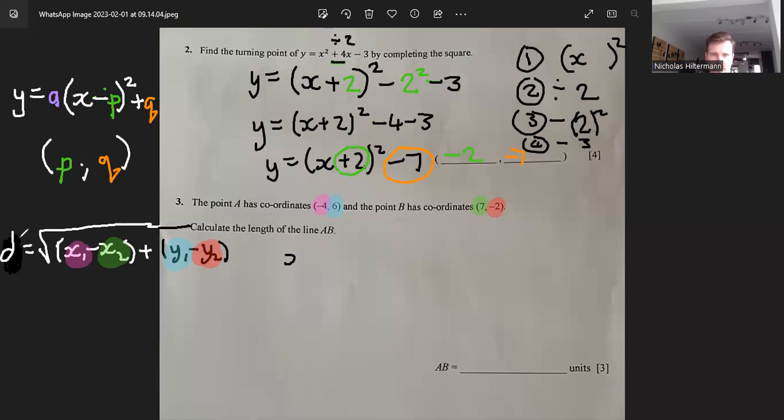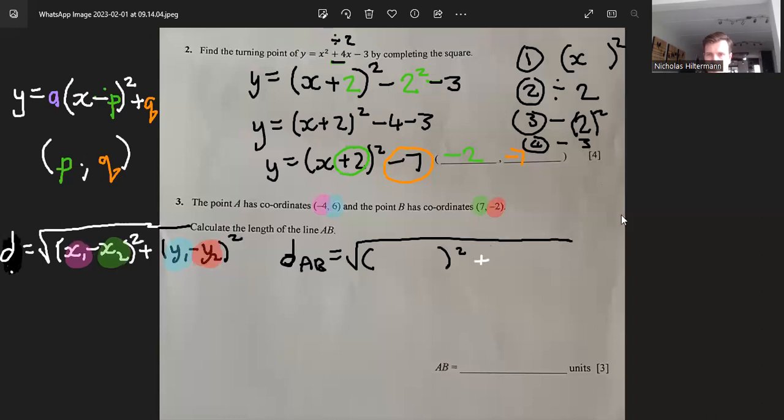Distance of AB, whatever the line is. So let's go back to black. Distance AB equals the big square root sign here. There, squared. Oh, these are squared. That's squared, and that's squared.